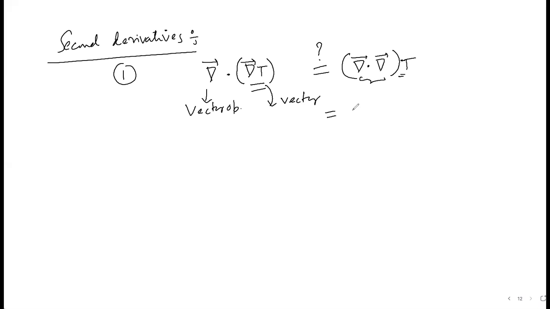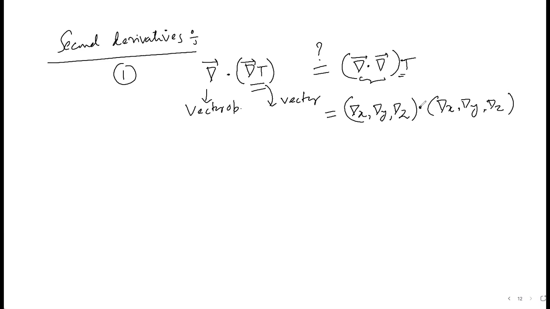And you know that basically del is what? It will have a component like del X, a component del Y, and a component del Z. And in a similar way, this will also have del X, del Y, and del Z. So this is shorthand to write del X, X cap and Y cap, and so on.